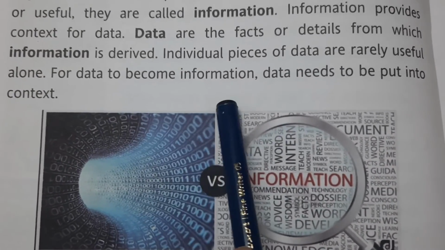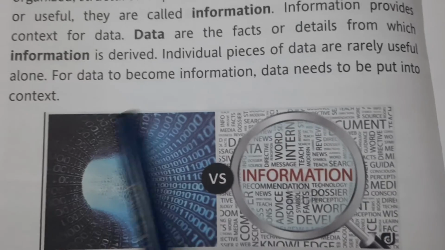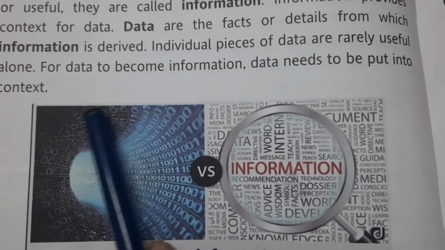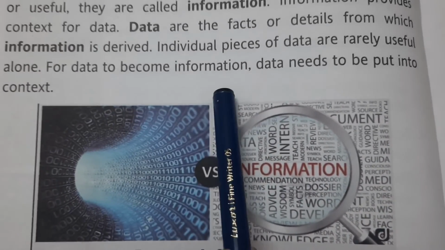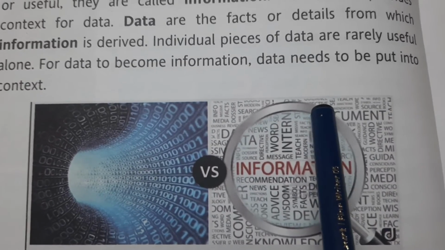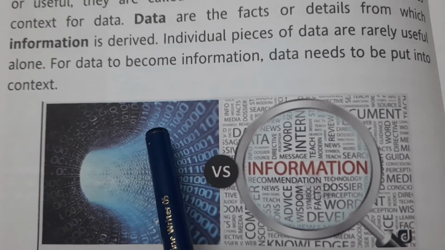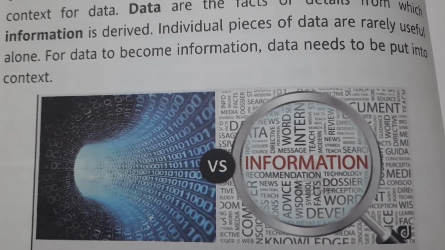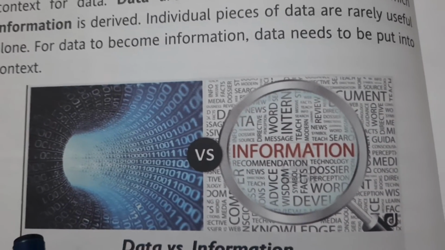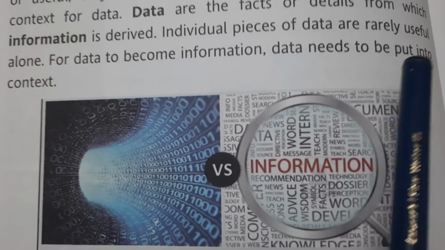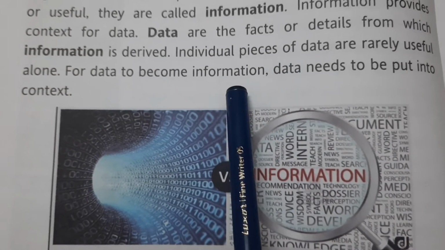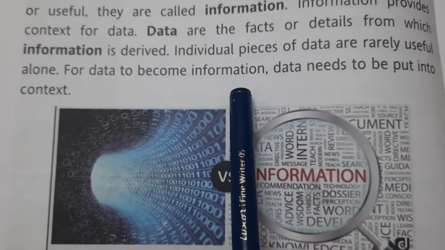For data to become information, data needs to be put into context. Means we need to do some processing. We either need to give it a structure, or process it, or organize it properly so that it becomes information and becomes useful for us.